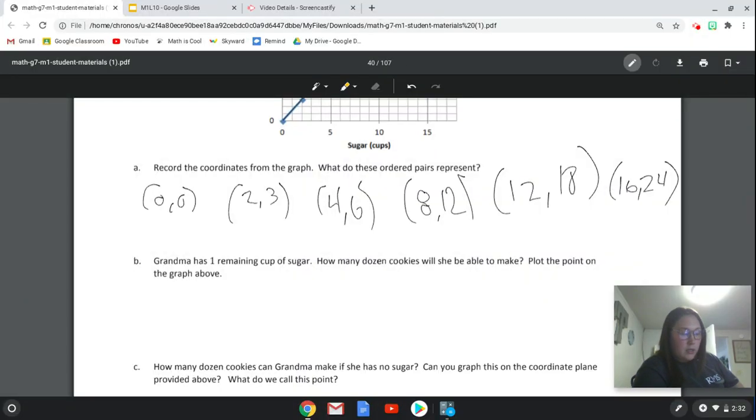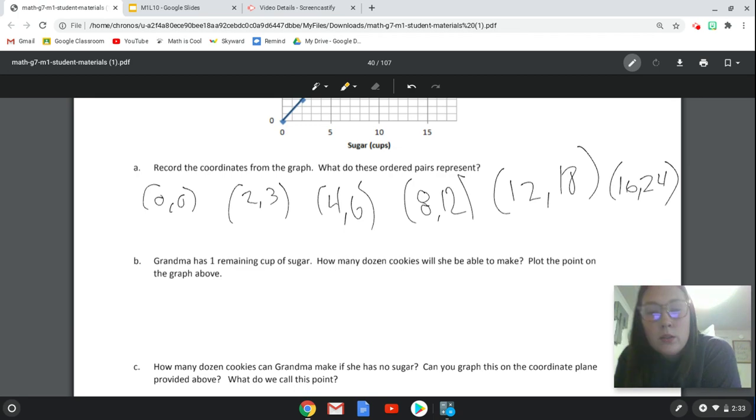And then 2 cups of sugar would make 3 dozen cookies. Or 4 cups of sugar would make 6 dozen cookies. Or 8 cups of sugar would make 12 dozen cookies. 12 cups of sugar will make 18 dozen cookies. 16 cups of sugar would make 24 dozen cookies.